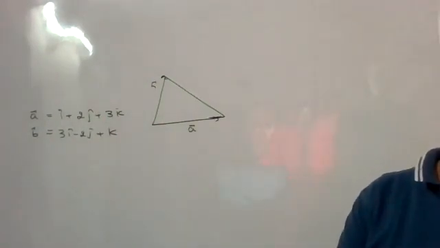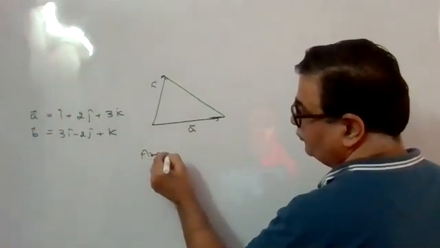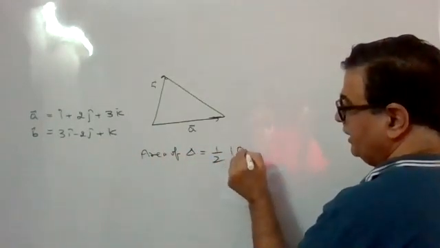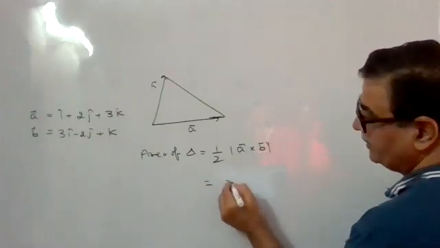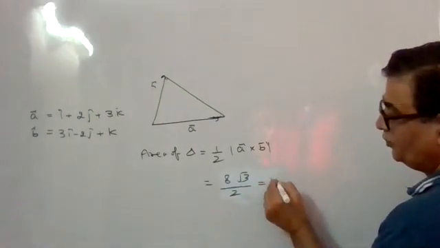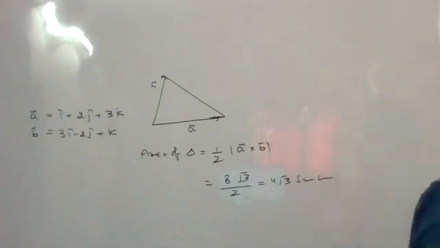So we will take half of it. Yes, simple question. Area of triangle will be half of A cross B. We have already found this. What was it coming? It was coming 8 root 3. Divide by 2. So it will come out to be 4 root 3 square unit. Keep this in mind.